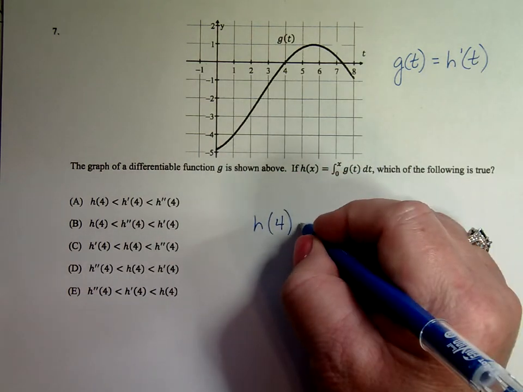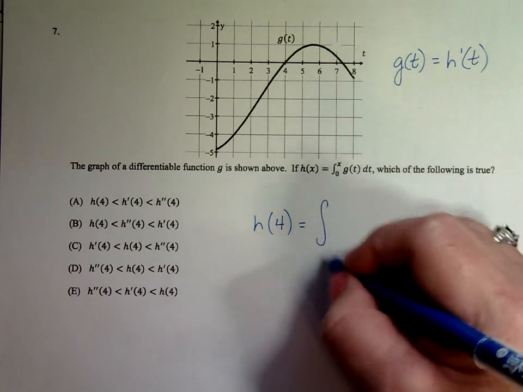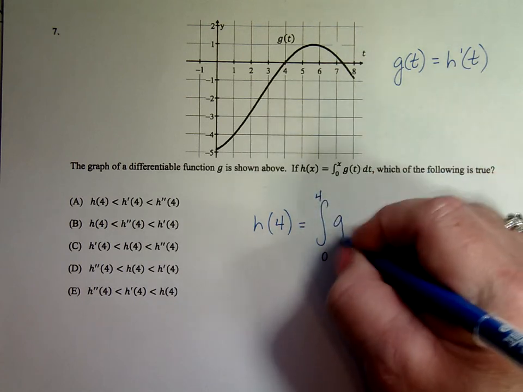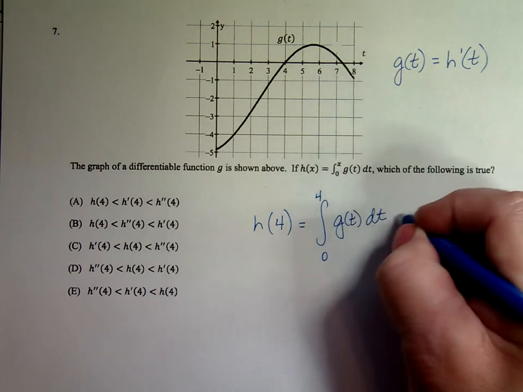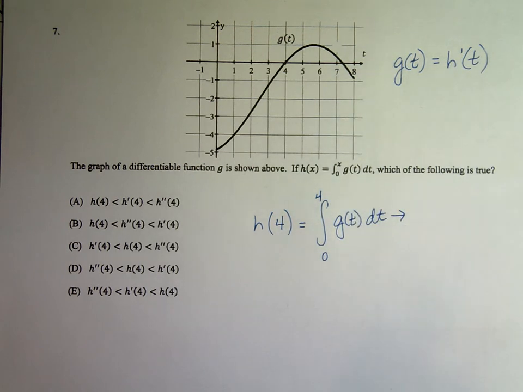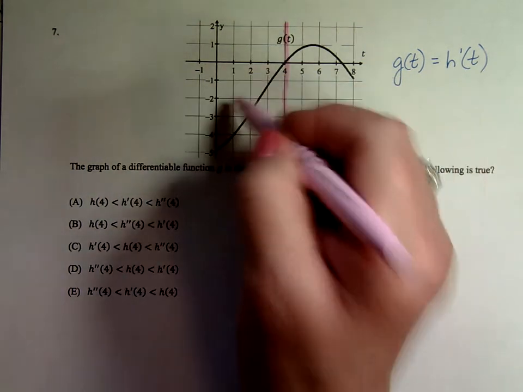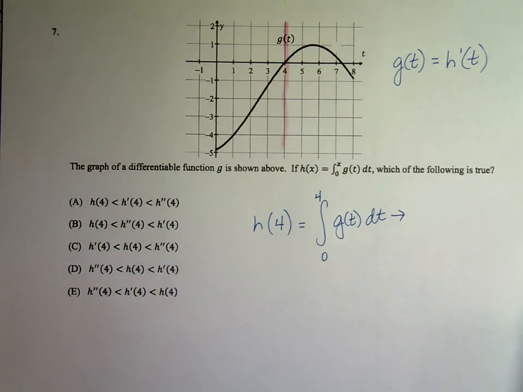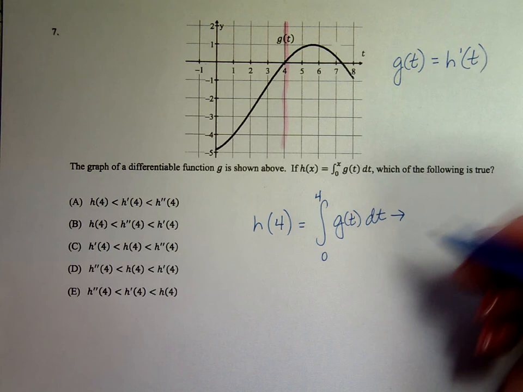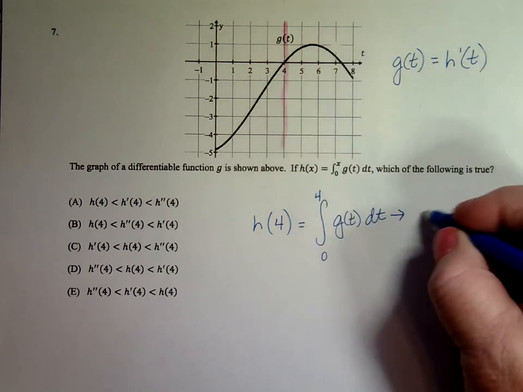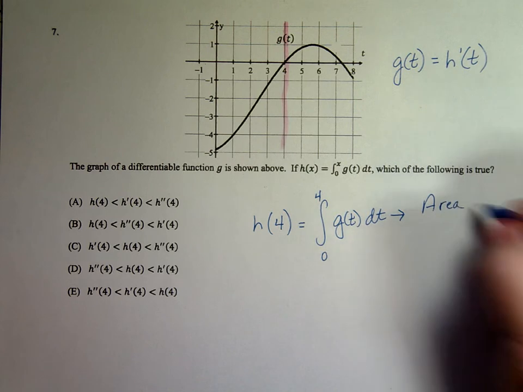h of 4 is equal to the integral from 0 to 4 of my function. I'm only looking from 0 to 4, so I'm really only looking at this section of the graph right here. I could shade it in, but you get the idea. This represents the integral of this function, which is the area between the curve and the x-axis.